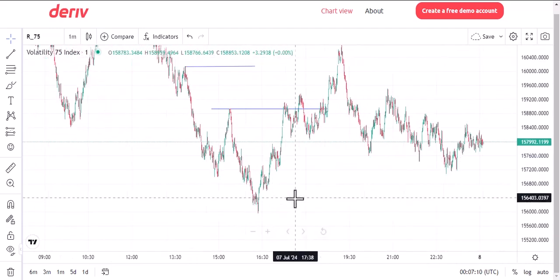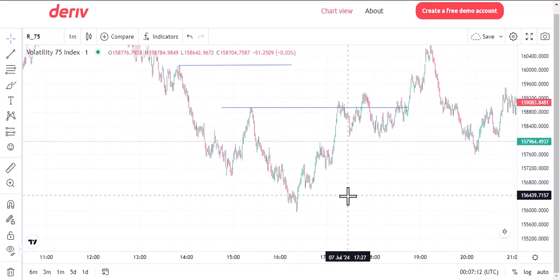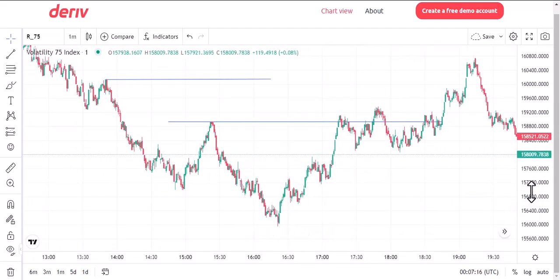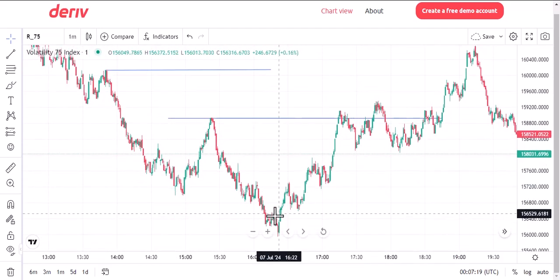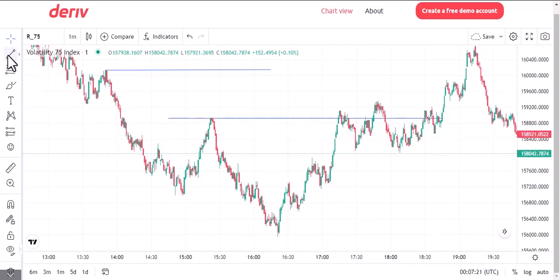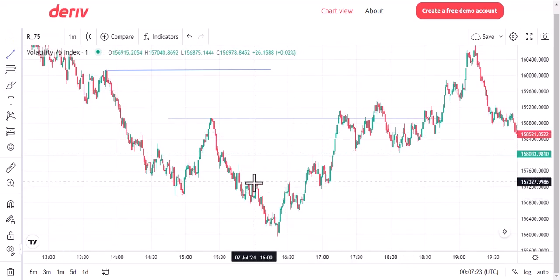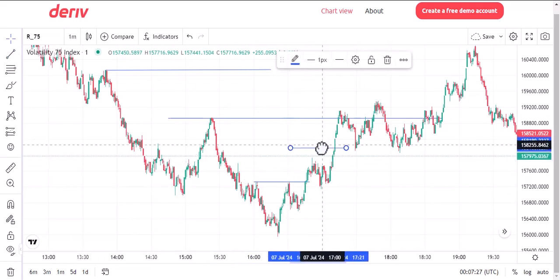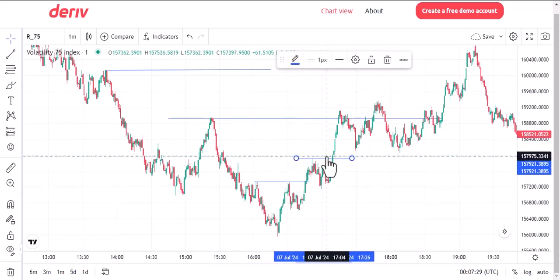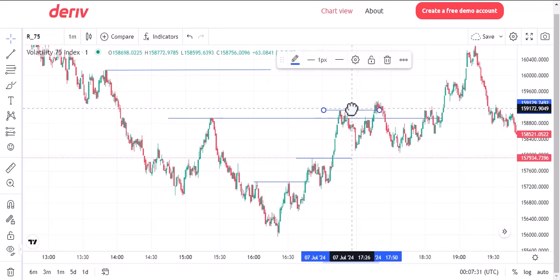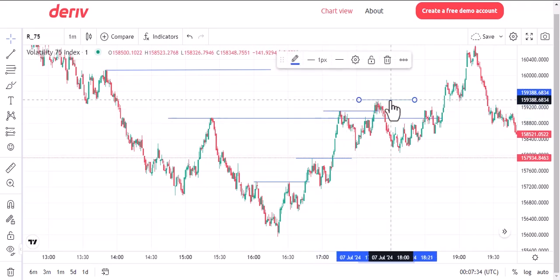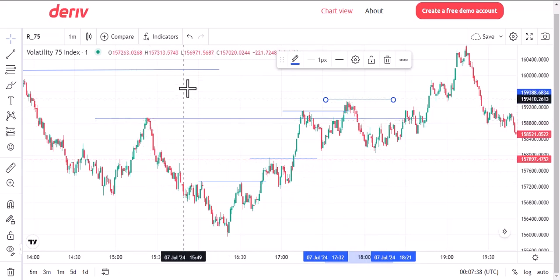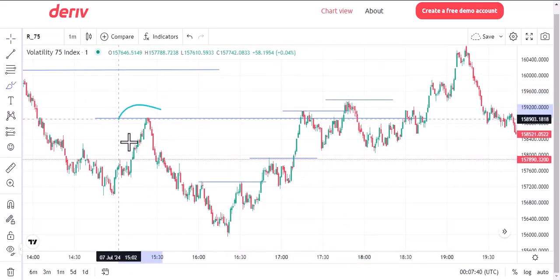You look at what price is doing, where price is coming from and how price is moving. Price is coming from here. We want to understand the market structure of these price movements. You see that we have this first break of structure, then this other break of structure, and after that another break here, and price is going. So you wait for the break of the high on the M15, which is this one.